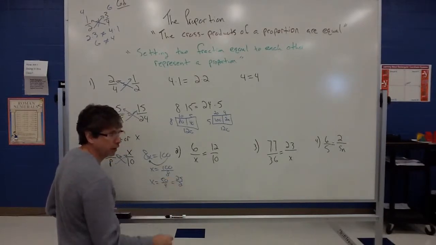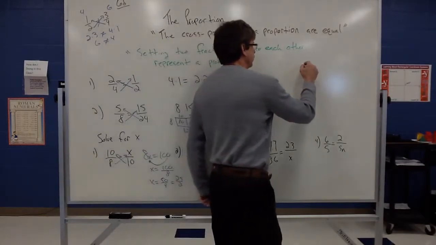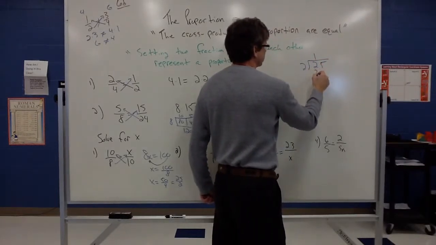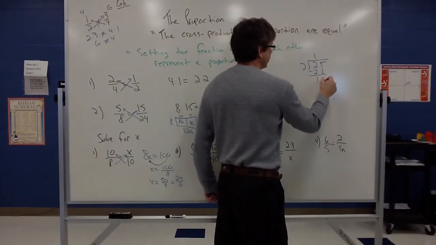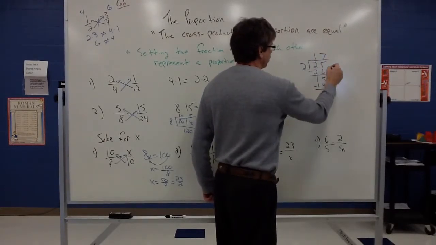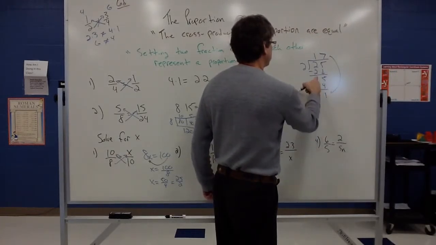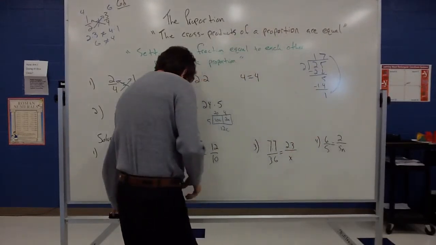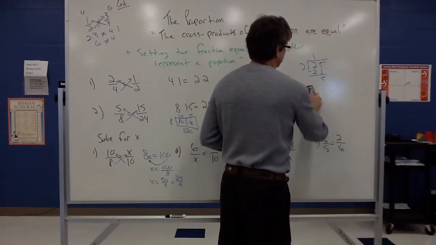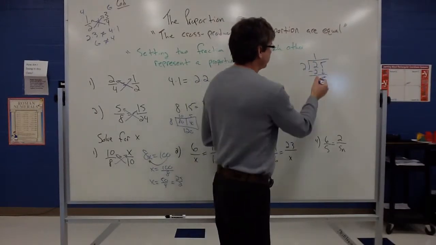I could leave that as an improper fraction as an answer, or I could divide 2 into 25. So 2 goes into 2 one time with a remainder of 0.